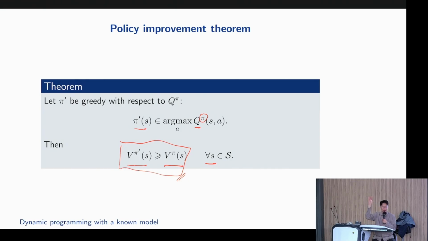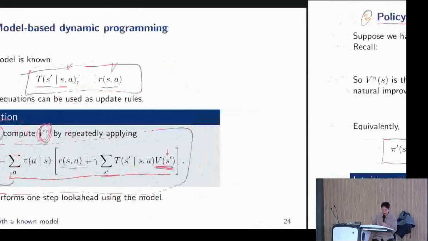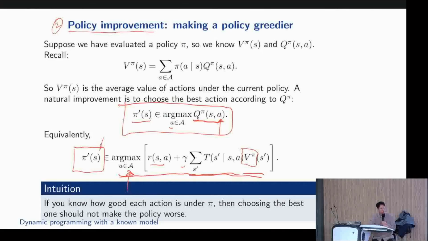Okay, any math majors here? Okay, so here's my claim. My claim is if I repeat this cycle many times until the policy doesn't change, the end result is pi star, the optimal policy.